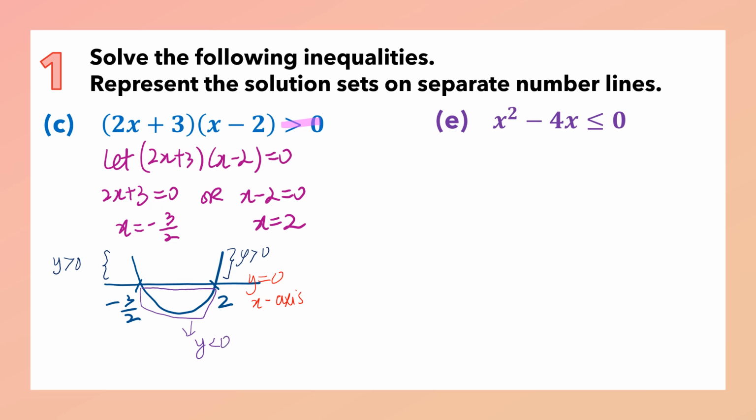Let's go back to the quadratic inequality, and you can see that I highlighted it in pink. That means we want our y values to be more than 0. So it can be either the first curve that I've highlighted or the second curve.